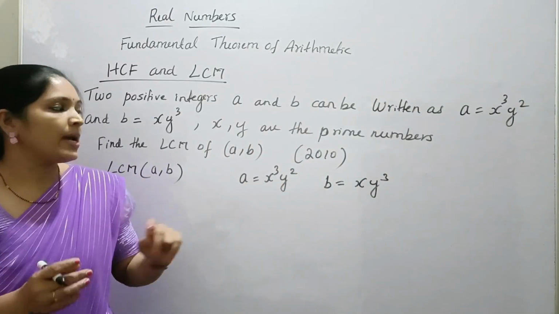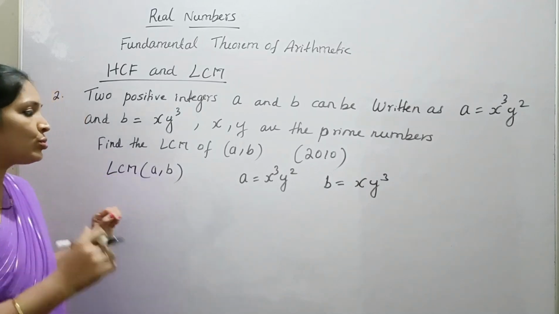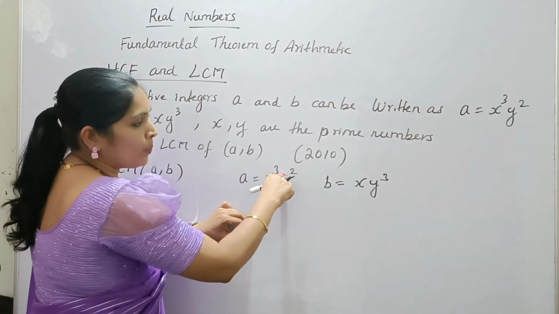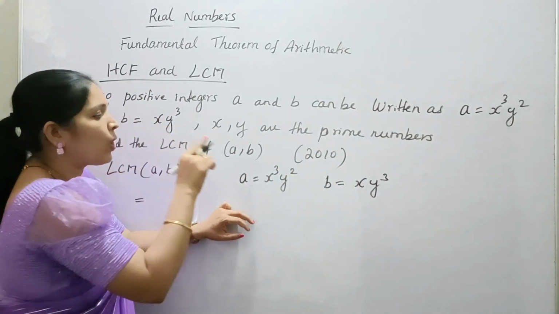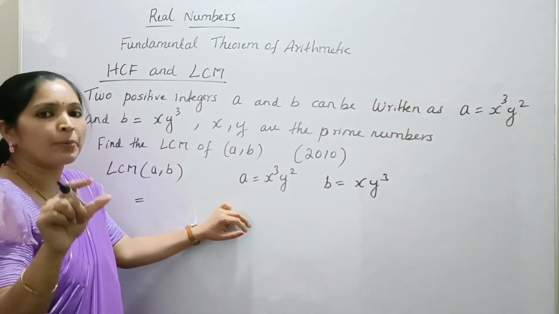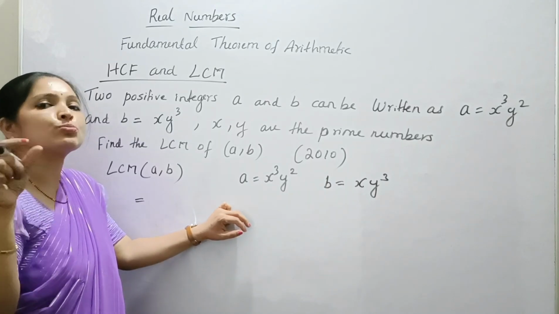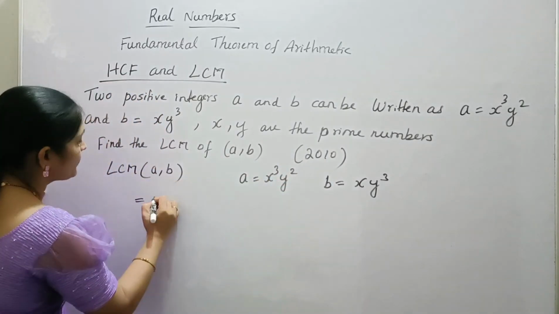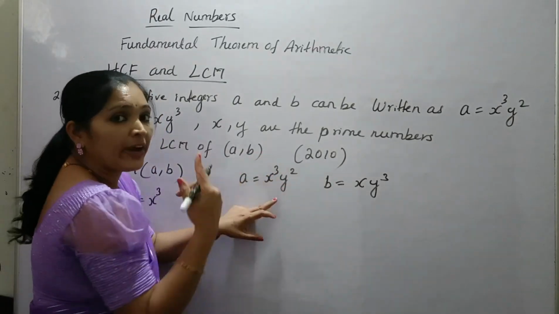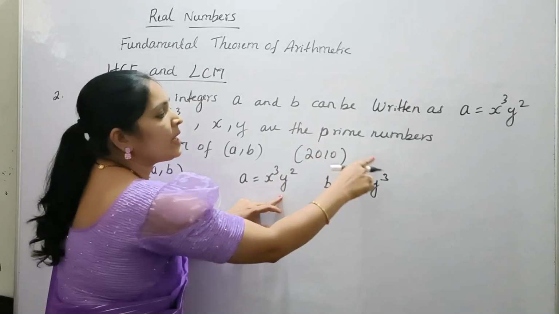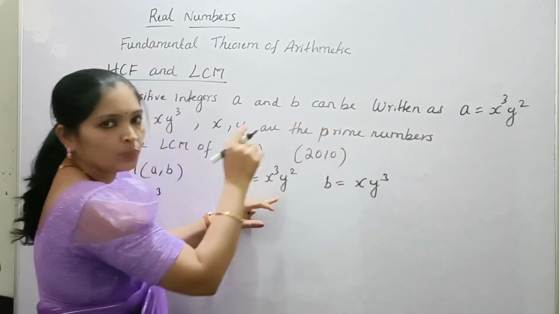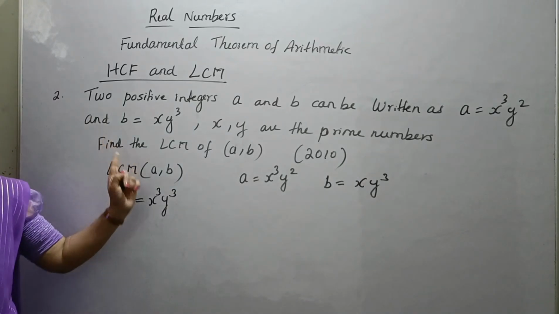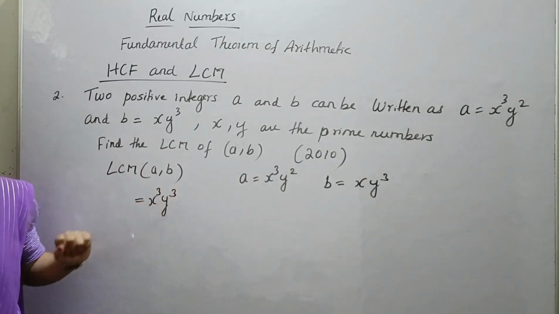For x, we have x cube and x raised to 1, so you have to write x cube. In HCF it is the smallest power. For y, here y square and here y cube, so you write y cube. Therefore, LCM of a and b is x cube y cube.